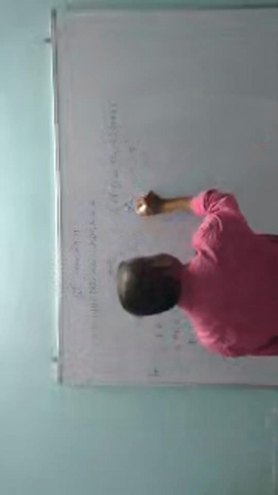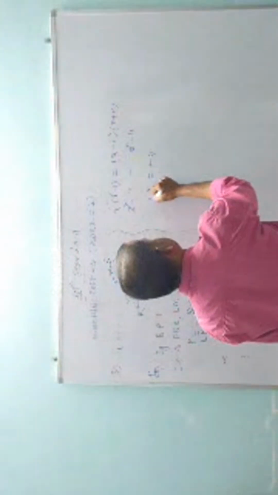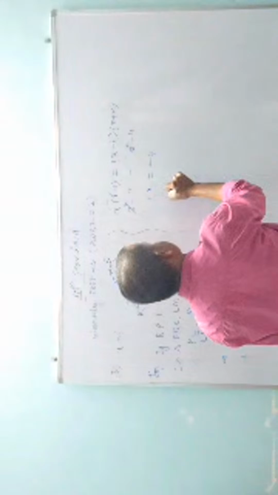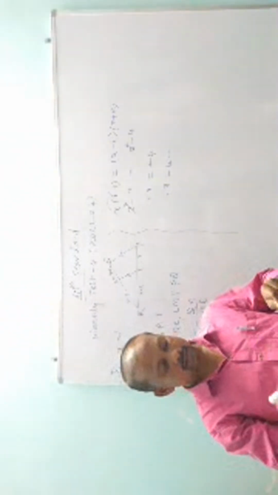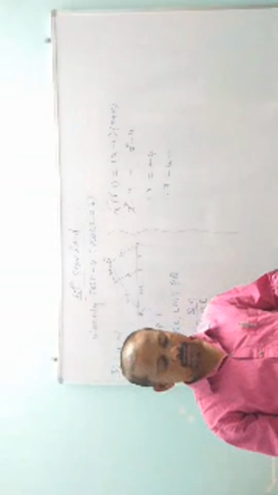Then we can cancel the same terms. So in this equation, minus x is equal to minus 4, the minus signs cancel, therefore we get x equal to 4. They asked what is the value of x, so the value of x is 4. With this question, the first section is completed. Next, let us go for section 2.